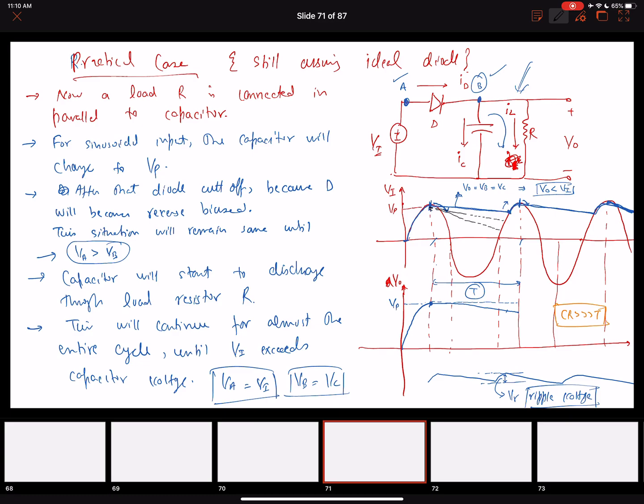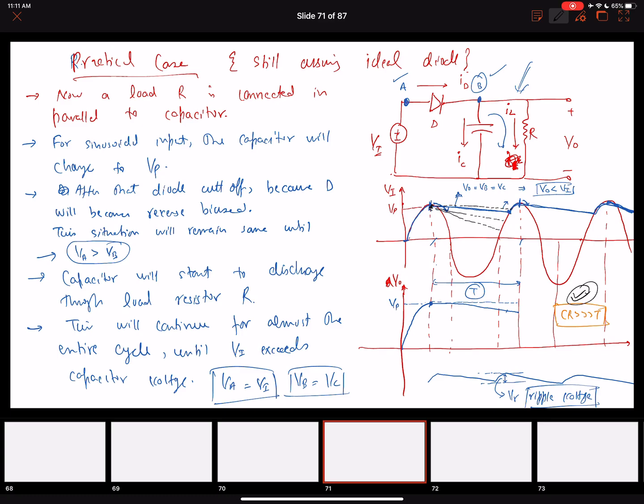The closer it is to the time period, the more quickly it will discharge, or it can discharge completely in that time period if it is equal. So we want to make sure that it is very much higher than the time period, so the discharge will be very minimal. We can keep it even more minimal by making this condition. So our CR needs to be extremely larger than the time period. All right. So this is one important consideration.